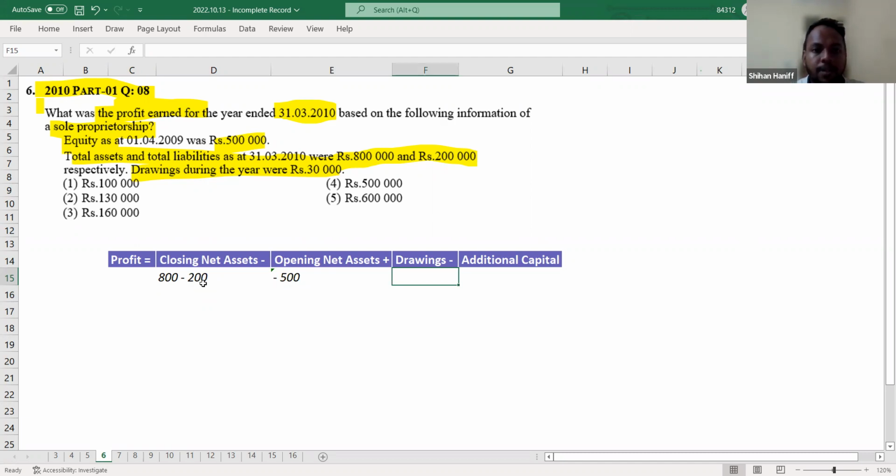Respectively, drawings during the year is plus 30. That's it. No additional capital. So 800 minus 200 is 600. 600 minus 500 is 100. Then 130. Very simple. 130. Okay. Right. That's not hard.